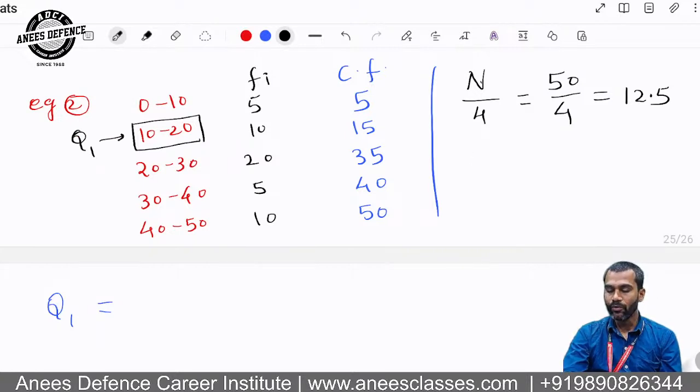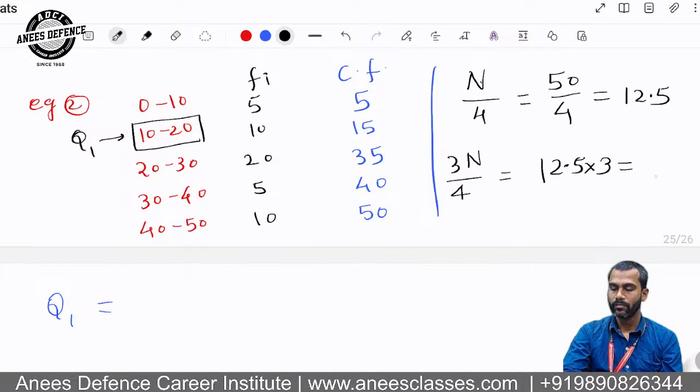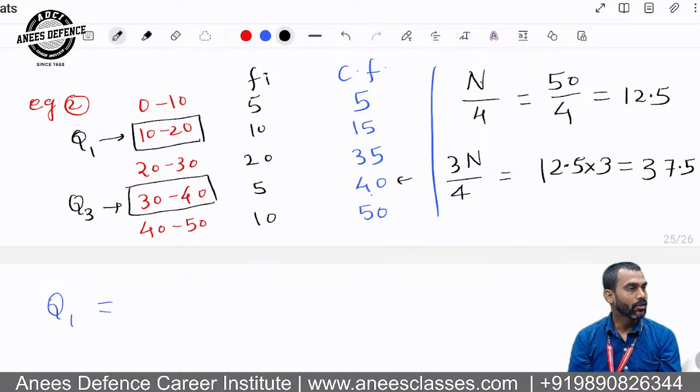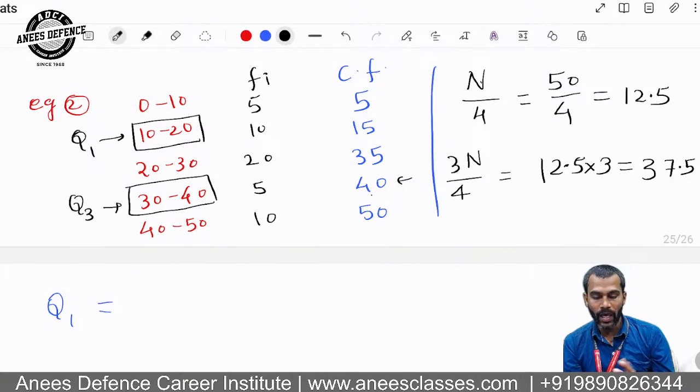For Q3, we need to find out 3n by 4, that is 12.5 into 3, which is 37.5. This 37.5 will lie in the class with cumulative frequency 40. So this is the class for Q3, and accordingly we have to use L and everything.